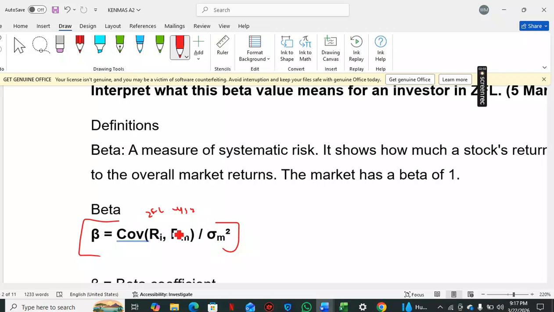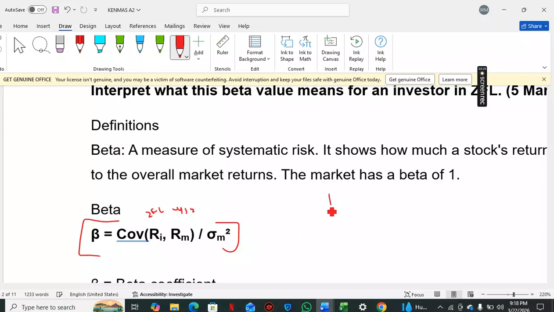So colleagues, this term covariance just shows how the two stocks are related to each other. In this case, it's showing how Zambezi Farms Limited stock is related to the Lusaka Securities Exchange. It's showing a relationship between two stocks, or a stock and the market.